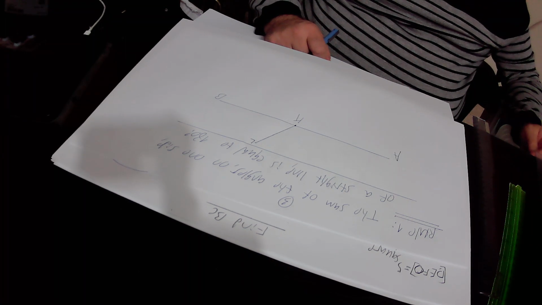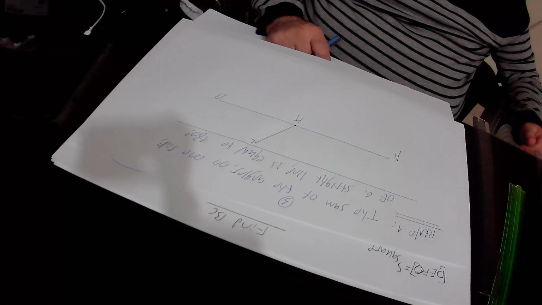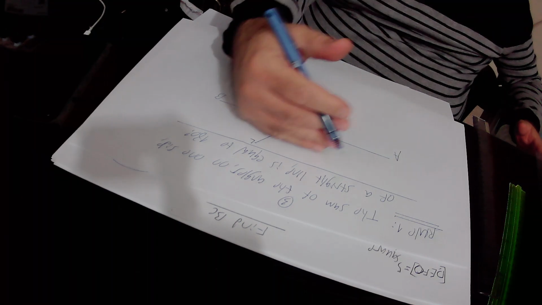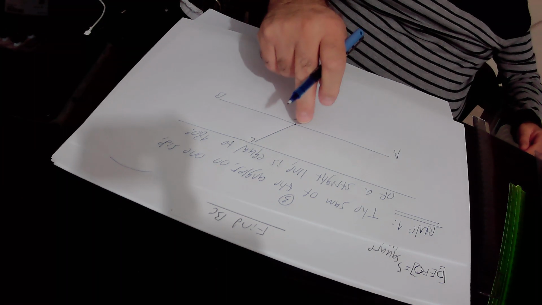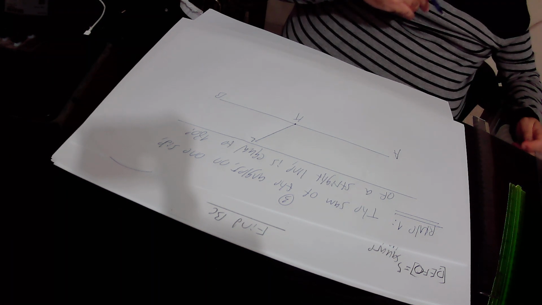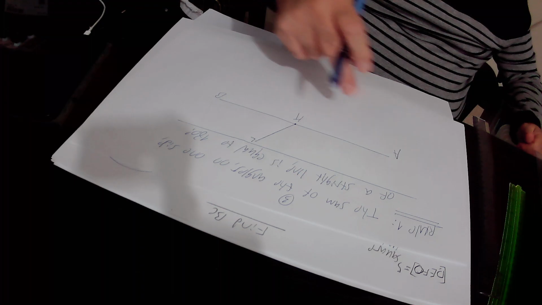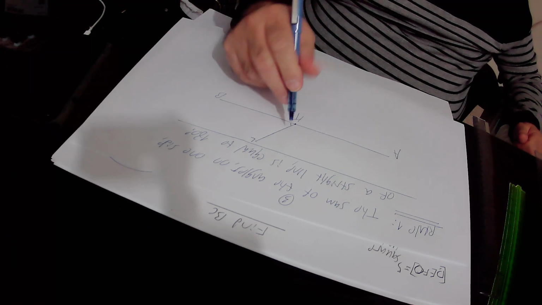According to rule number 1, the sum of the angles on one side of a straight line is equal to 180 degrees. So if we focus on the upper side of the straight line AB at point K, here the sum of the angles must be equal to 180 degrees. So which angles do we have in the upper side of AB at point K?